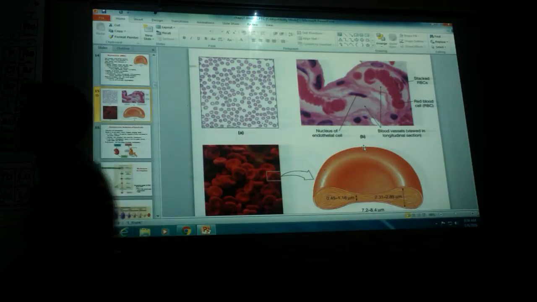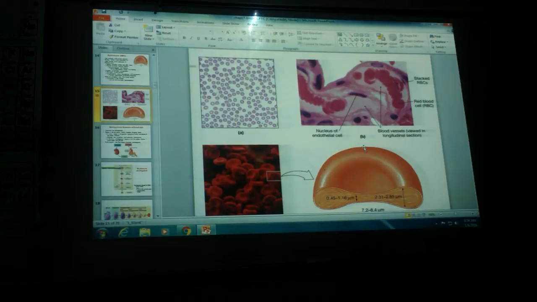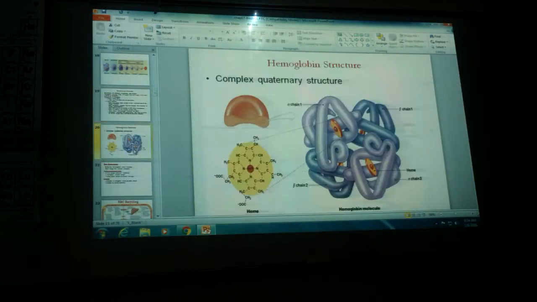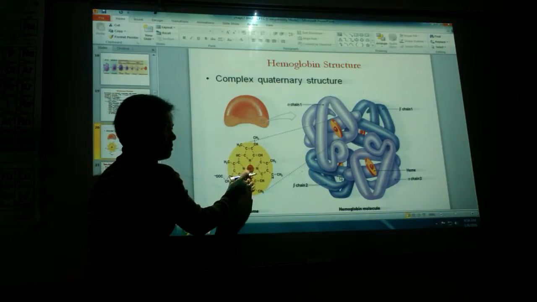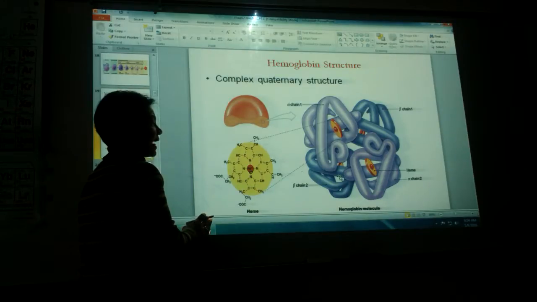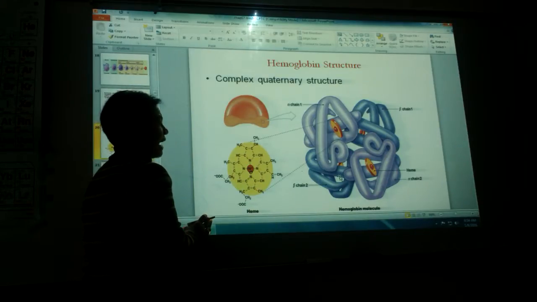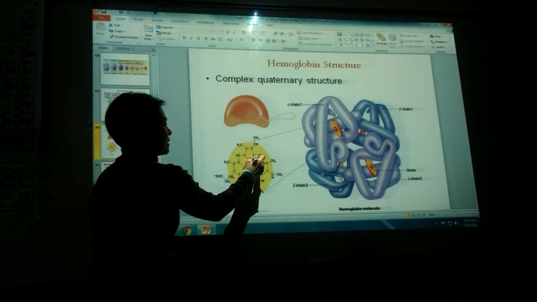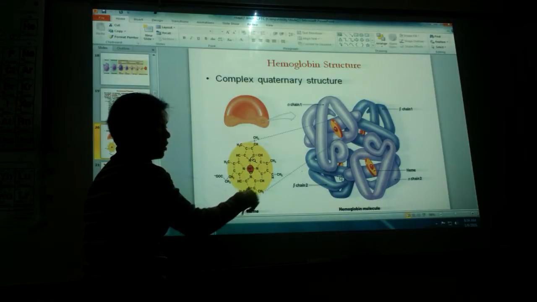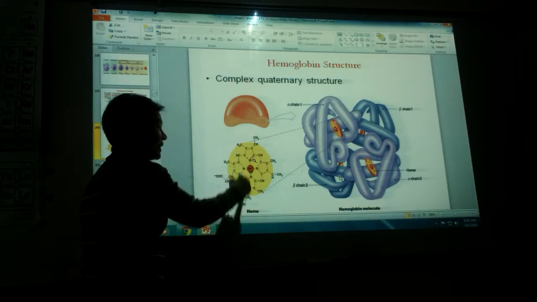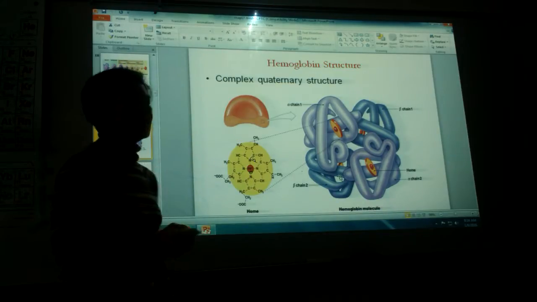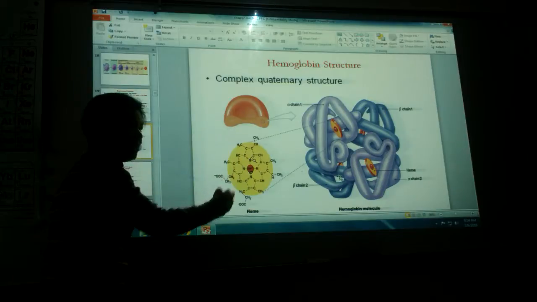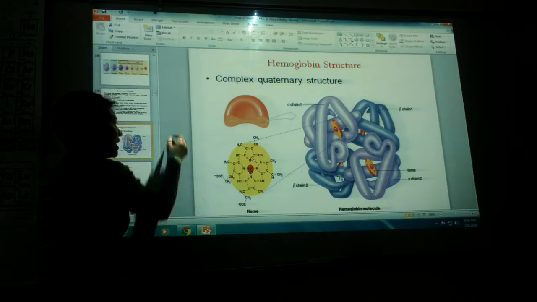Actually, the hemoglobin can transport both oxygen and carbon dioxide at the same time, because oxygen binds to the iron part, whereas the carbon dioxide binds to the amino part of your heme. So they have different binding sites.